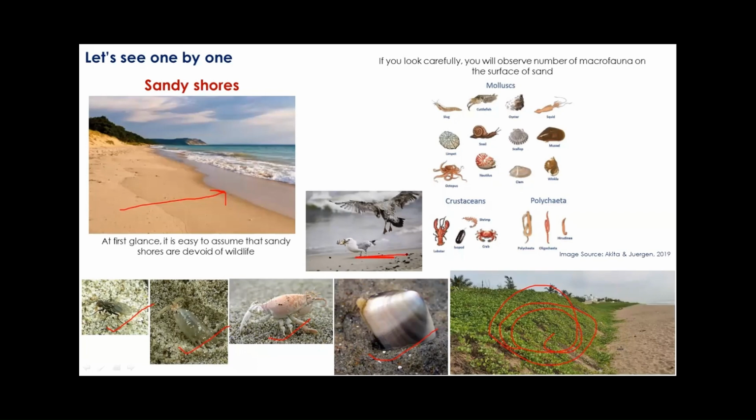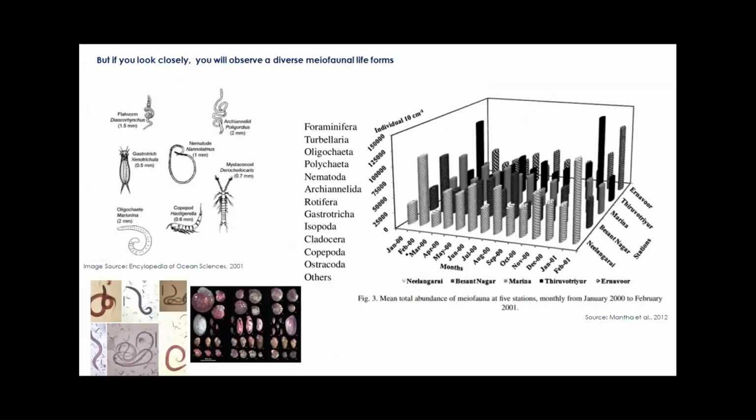However, is it only limited to these macrofauna? No, it is not. If you look further into detail, very closely, sometimes you also need a microscope, and in the sand you will observe very diverse meiofauna life forms. As you can see in the image, there is one study published in 2012 from the Chennai coast.